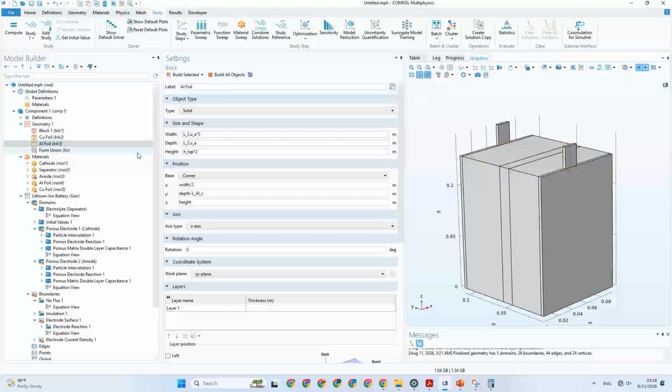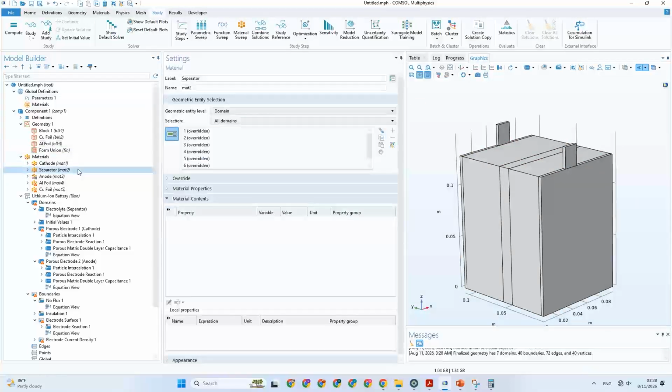Nice. And now we define all of them. For example, CU in beside of cathode, CU cathode separator anode AF.